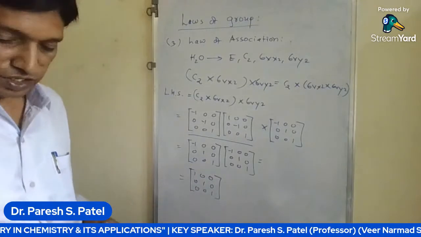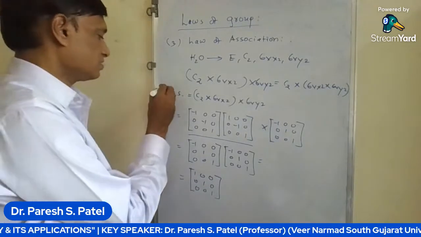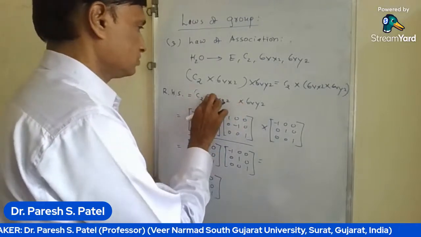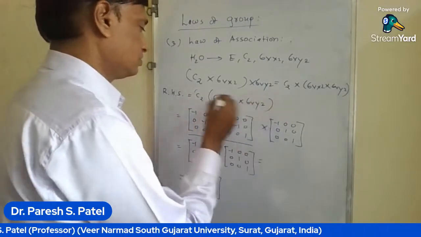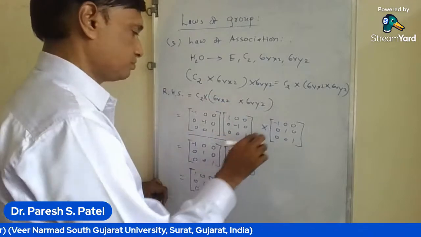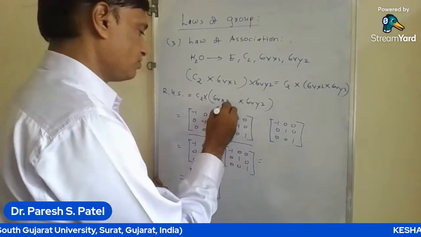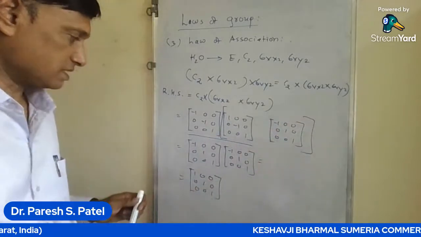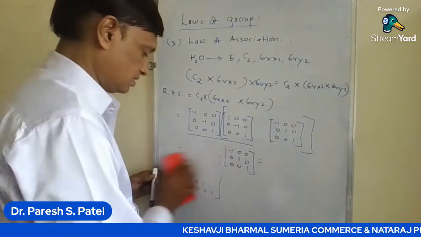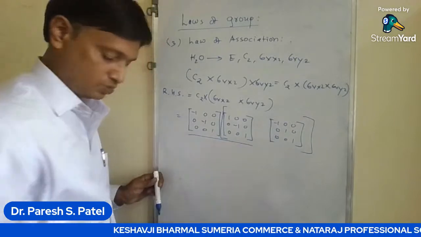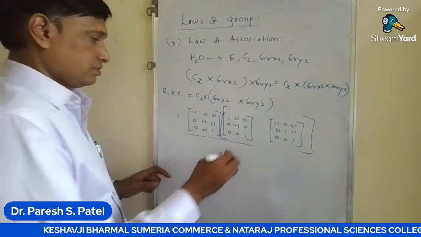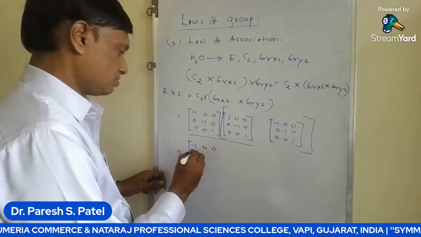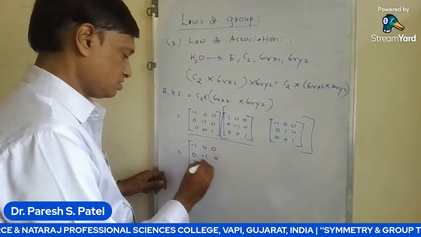Now, if we go for the right hand side, C2 into, it means first of all we have to go for the combination of these two matrices, which is equal to minus 1 0 0 0 minus 1 0 0 0 1.